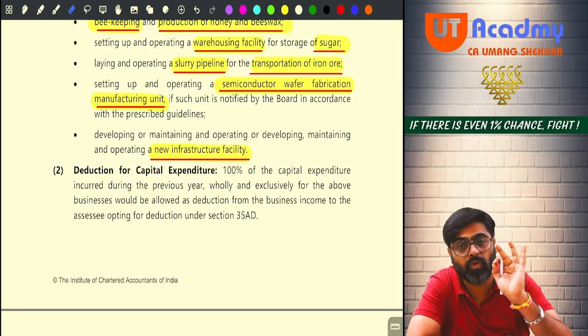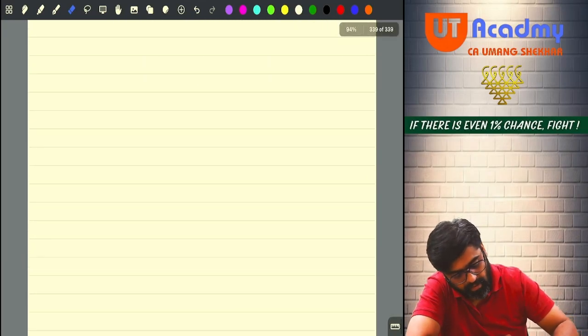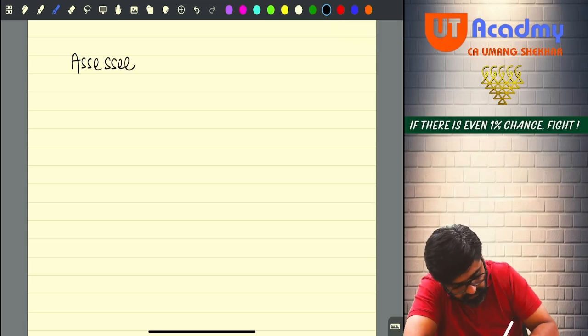Okay. Now what do I mean to tell you? Please understand this. See, assessee is there. He can be any person.